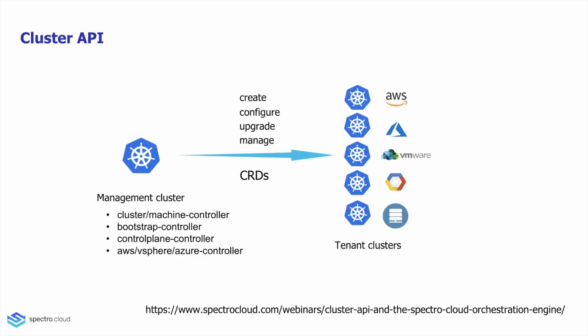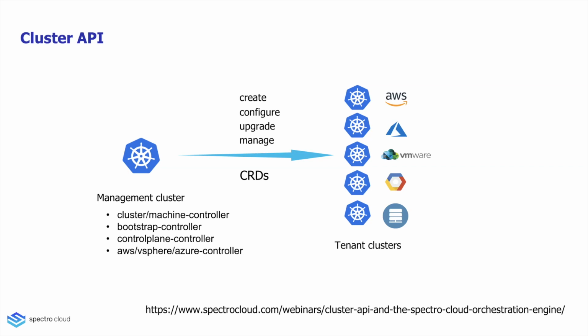First of all, a brief recap about what ClusterAPI is. The main goal of ClusterAPI is to use the Kubernetes declarative API, with custom resource definitions and custom controllers, to manage Kubernetes itself. If we take a Kubernetes cluster as a CRD, the CRD will just specify the cloud environment, the Kubernetes version, how many master nodes, and how many worker nodes.